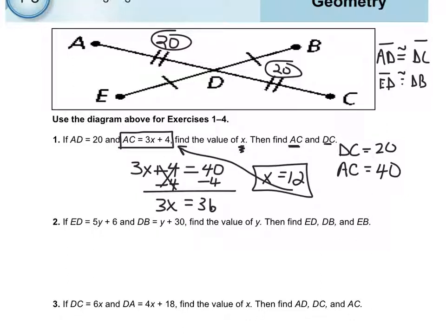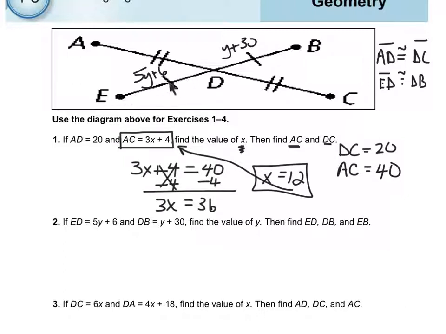Okay, so let's take a look here at ED. ED is 5y plus 6. That's this segment right here. DB is y plus 30. Now, the trouble with this one is, do I know how long EB is?